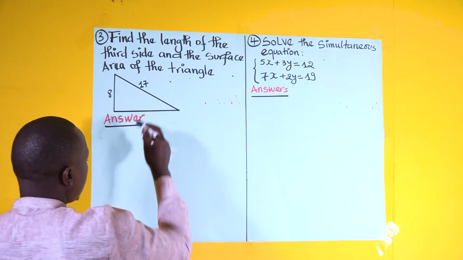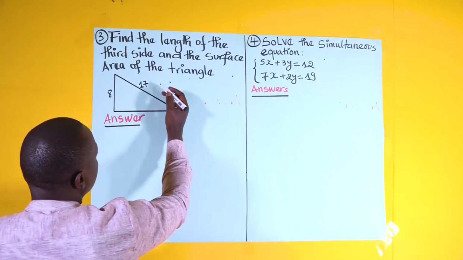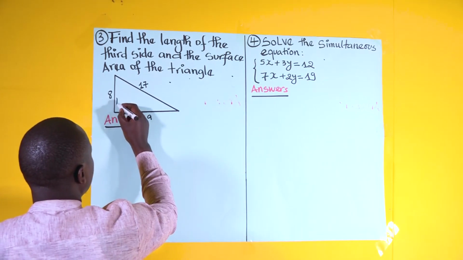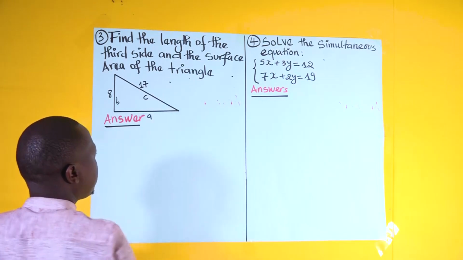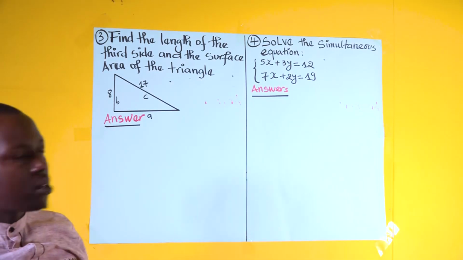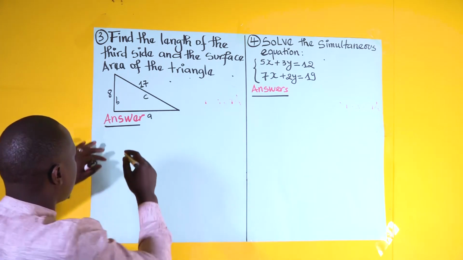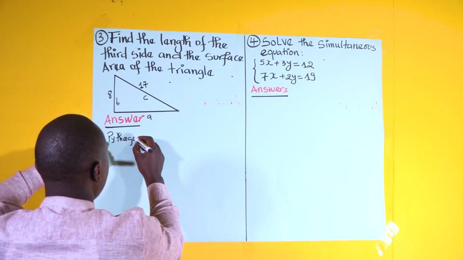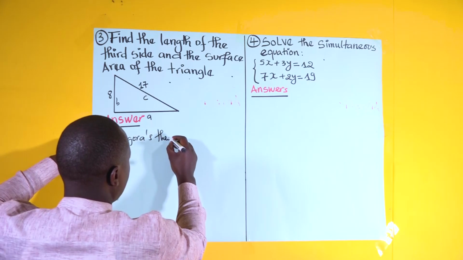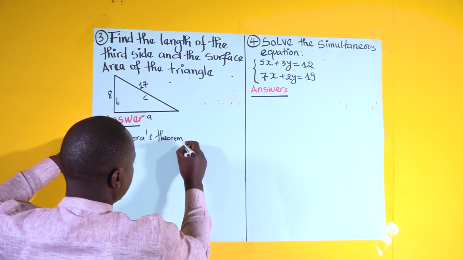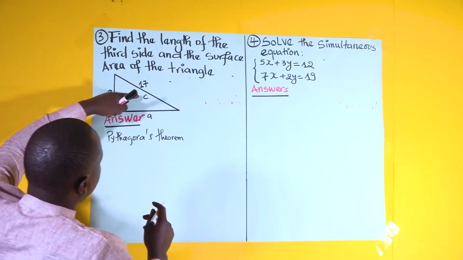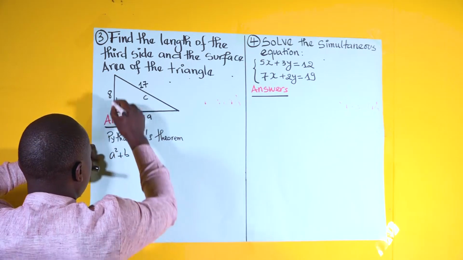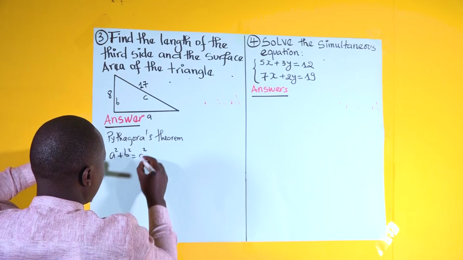How can you get this side? Let us call this side A, and let us call this side B, and let us call this side C. According to the man called Pythagoras, Pythagoras theorem says this side squared, A squared, plus this side squared, B squared, equals C squared, right?